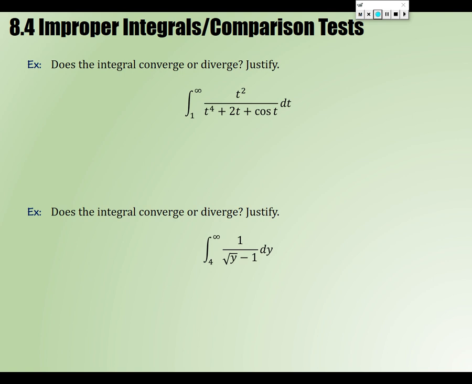Anyone have a hunch as to what you'd like to compare this to? What do you think? 1 over t squared. I don't see. Can you help us see that? Because it's not obvious on this. I should have started with an easier one, maybe. Sorry. But I think that's a good choice. Why'd you say that?